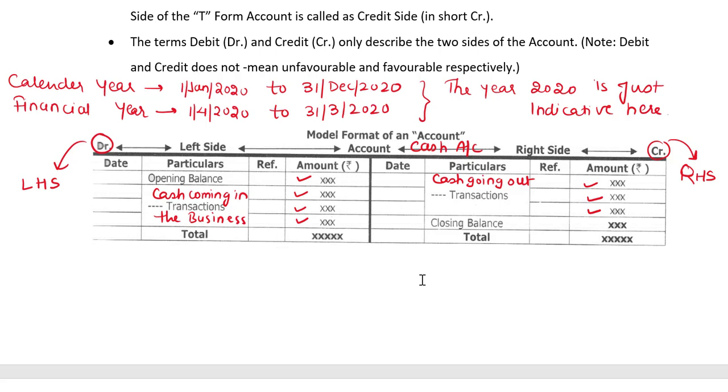Supposing the total of the debit side is 20,000, this total would be transferred over here, 20,000. The total of the credit side is 15,000. So 20,000 minus 15,000 comes to the balancing figure, that is the closing balance, and this closing balance is 5,000 rupees.